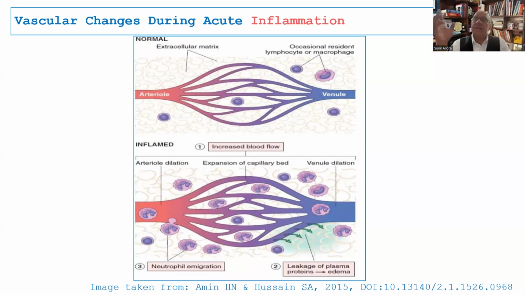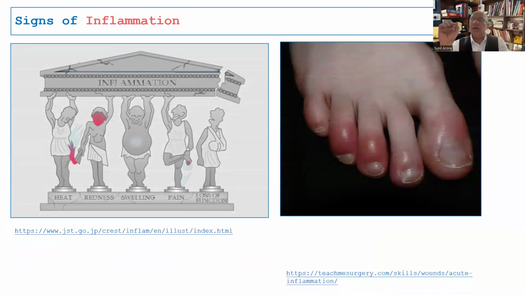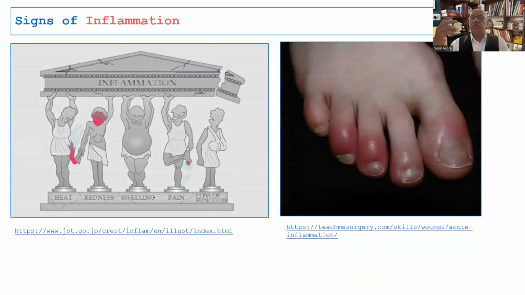So there are five cardinal signs of this inflammation, which include heat, as the area becomes a little warm; pain; redness of the area; swelling of the area; and sometimes also loss of function.